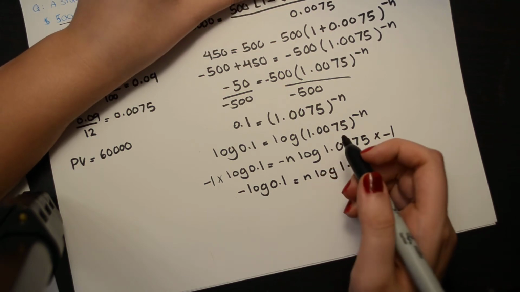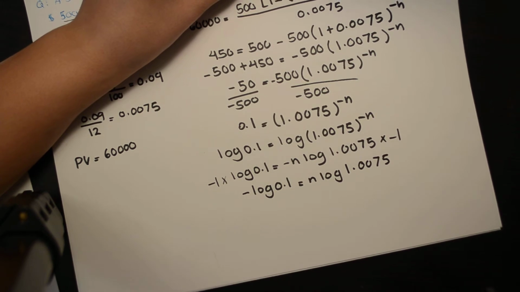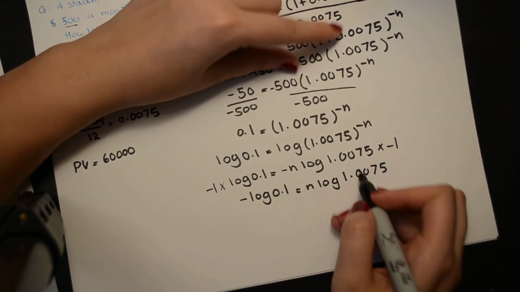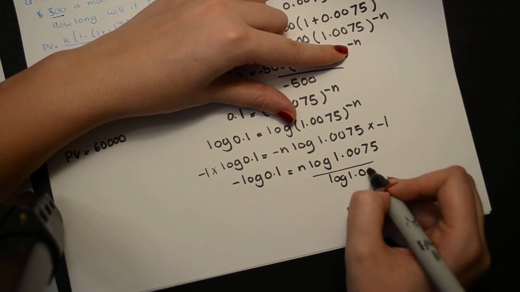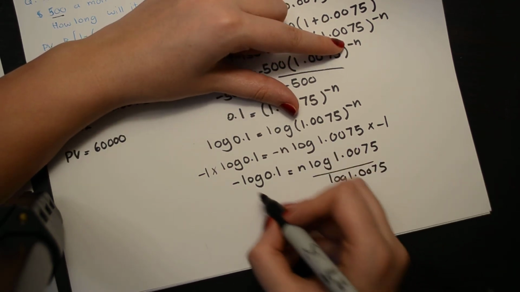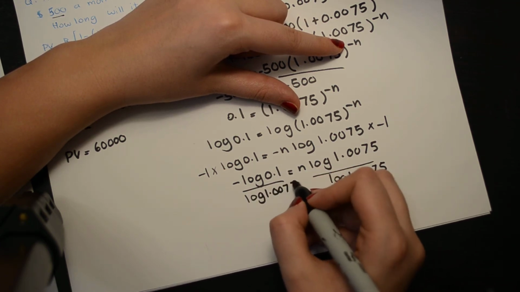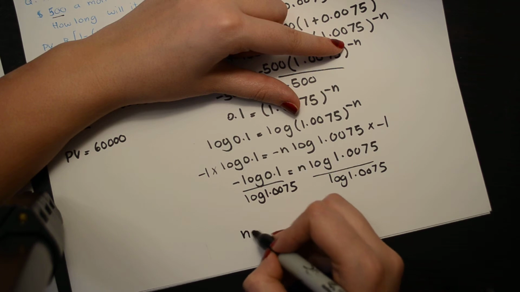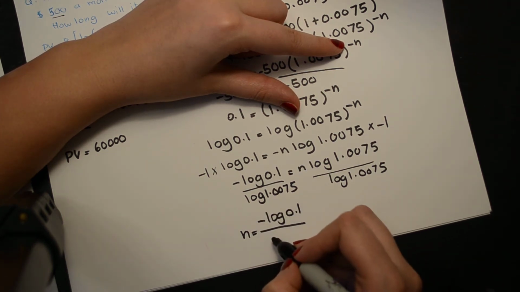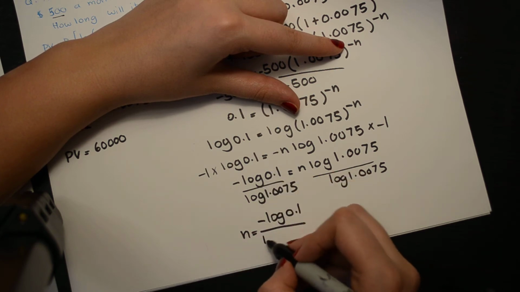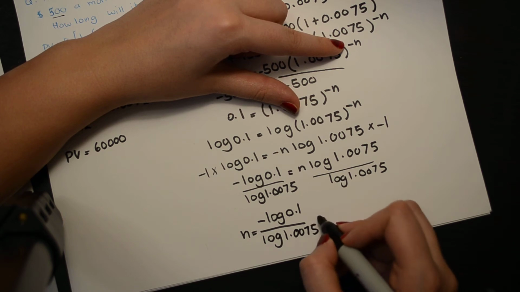In order to isolate the n, we need to divide both sides by log 1.0075. And n is equal to negative log 0.1 divided by log 1.0075.